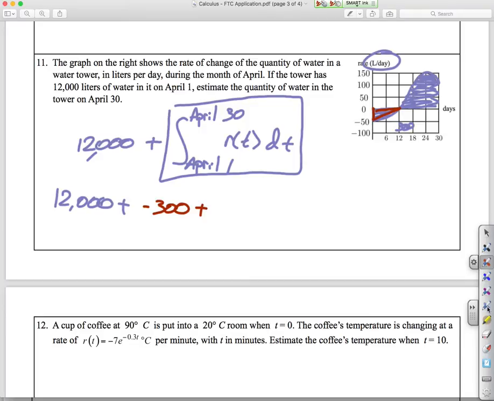Then I move over to the positive part. On the positive part, I'm going to start with that section first. What's the area of that rectangle? 12 by 100, which gives me 1200. Alright, then it looks like I have another triangle right here. So that's a 6 by 100. 6 times 100 is 600, divided by 2. So that's going to be 300.